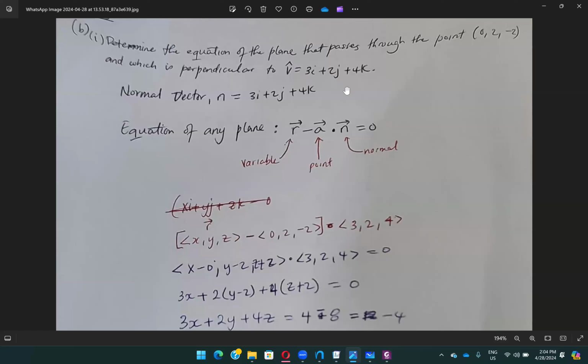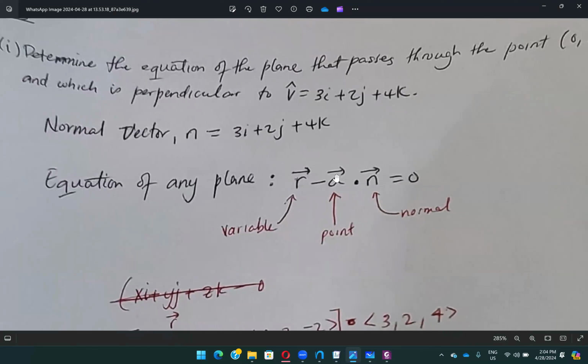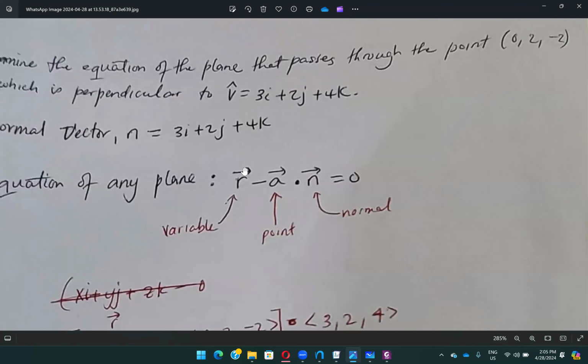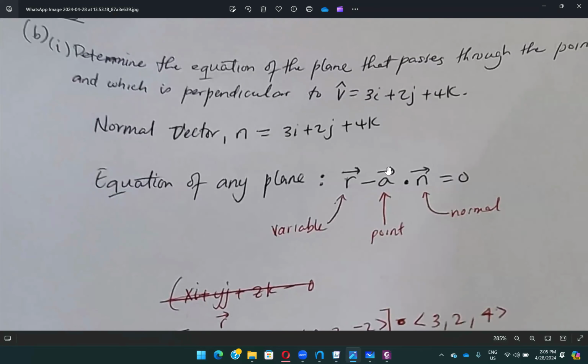Okay. So I was asked to look at some geometry and vector plane questions. For this one, it's from the K paper and it says, determine the equation of the plane that passes through the point 0, 2, -2, and which is perpendicular to the vector 3i plus 2j plus 4k.